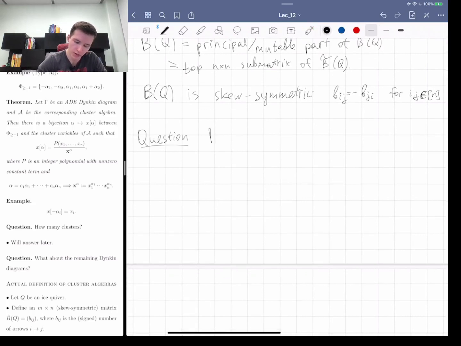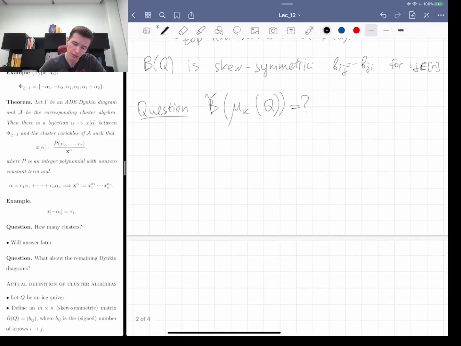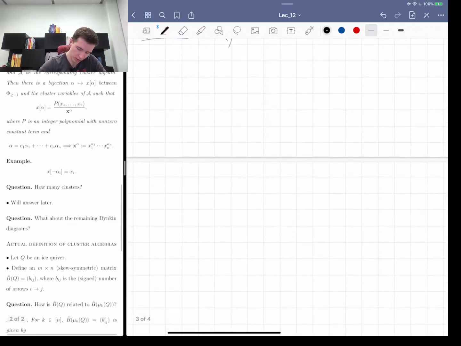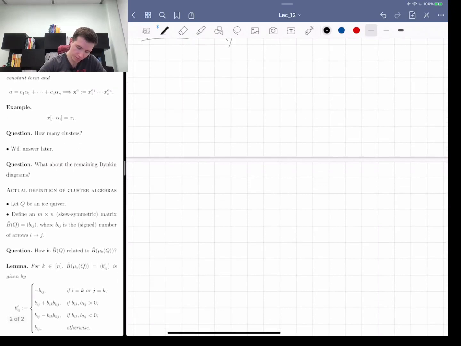What is b tilde of, let's say I take a mutable vertex k of q, and then I mutate, and what happens to the matrix? The point is that you can write it down purely in terms of the matrix, and it's even easier from the matrix point of view than from the quiver point of view.